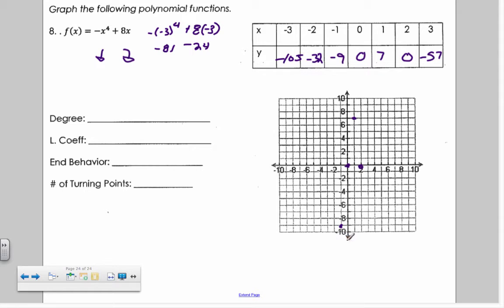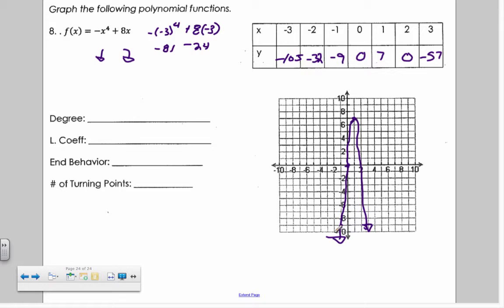So if you take a look at this, it looks kind of like a parabola. And now forgive my lines, they're so bad. They're much smoother on the answer key.